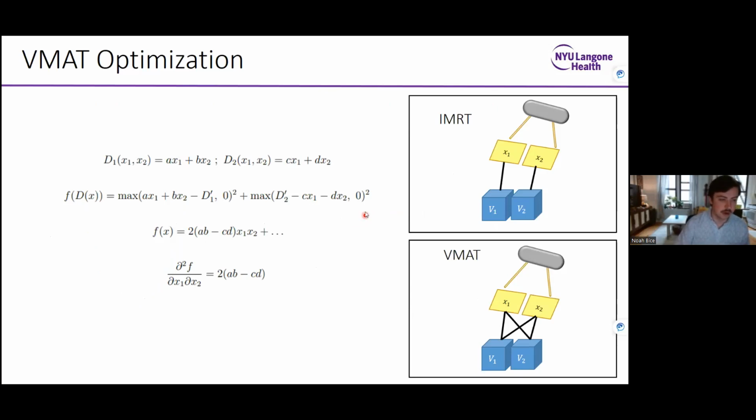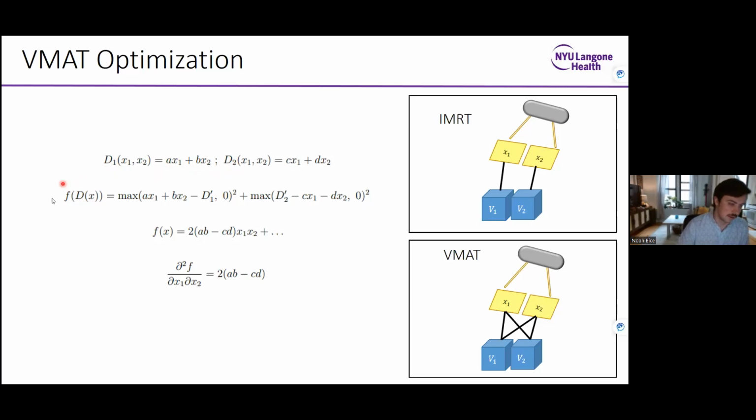When we perform VMAT optimization, because we're considering beamlets contributing from multiple gantry angles at the same time, you can introduce this non-convexity. I won't spend too much time on this, but consider the dose to an individual voxel as equal to the sum of contributions from beamlet 1 and beamlet 2 with non-negative proportionality constants A and B, and the same situation for voxel 2.